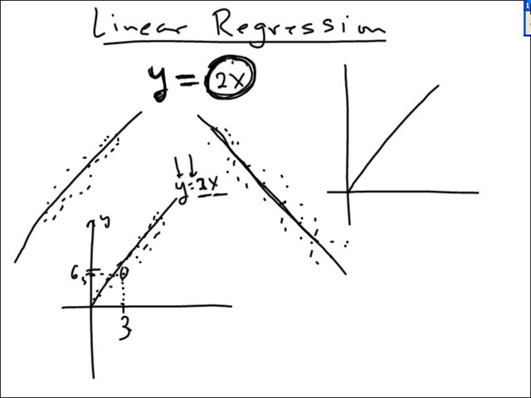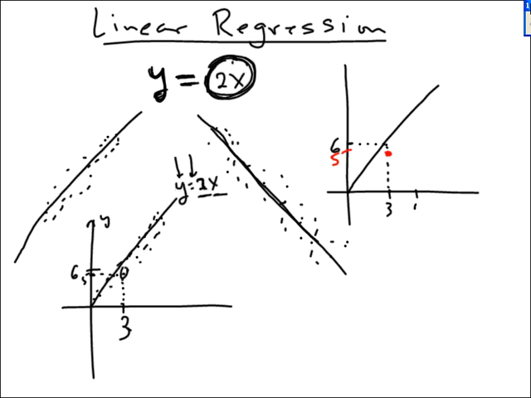Here is the line y equals 2x. When x is 3, y is going to be 6. Now, it might be that when x was 3 in the real data, y was 5. Like I said, the line is a good approximation.